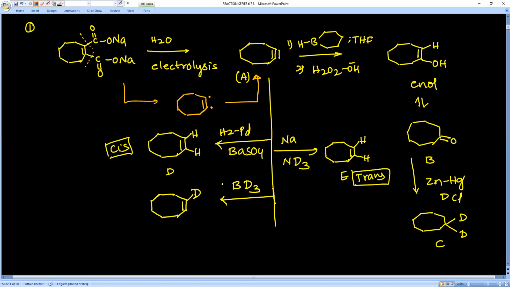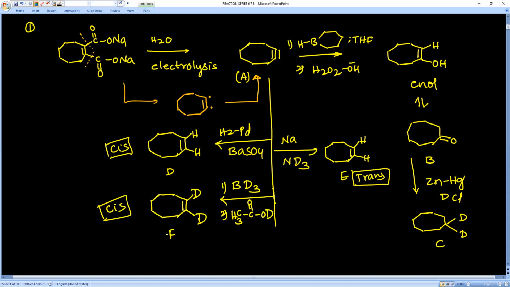But in the next step, it is treated with CH3CO2D. Therefore, instead of boron, we'll get deuterium. We are getting DD only. And hydroboration is syn addition, therefore this is also a cis alkene only.